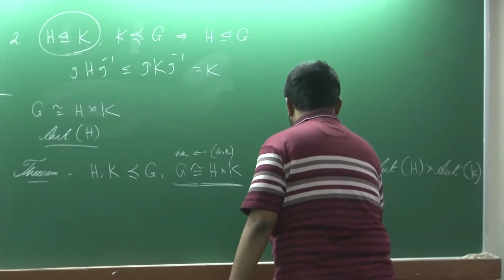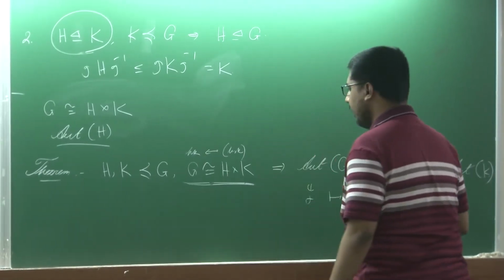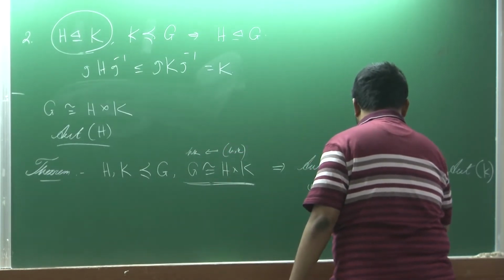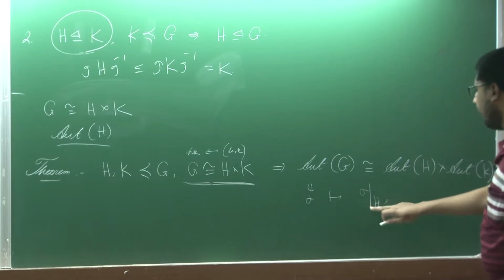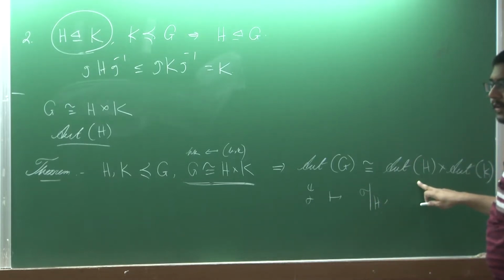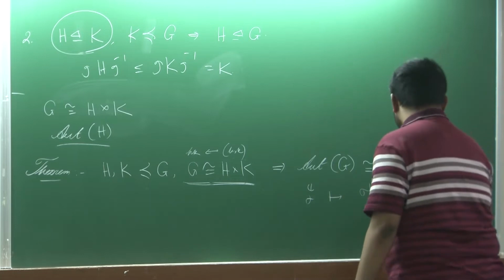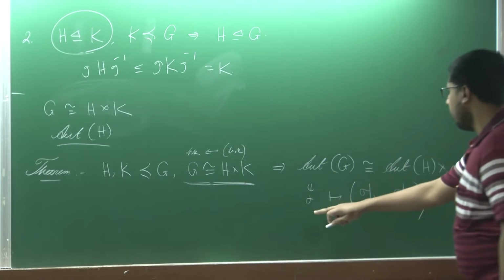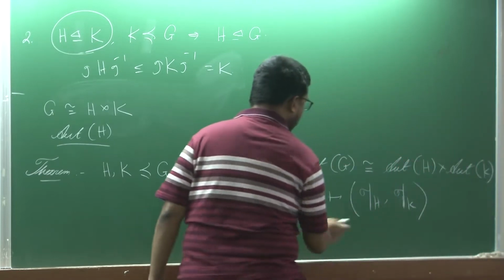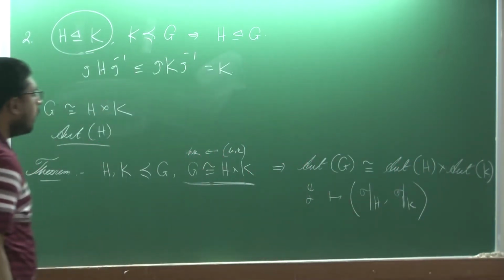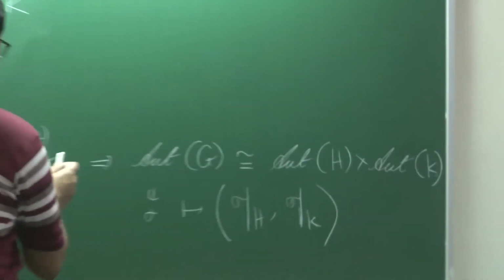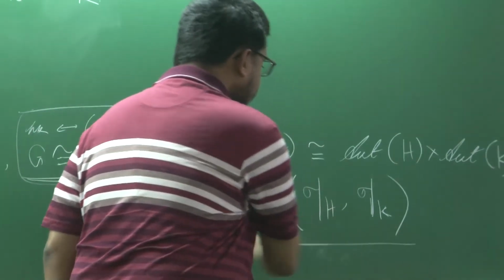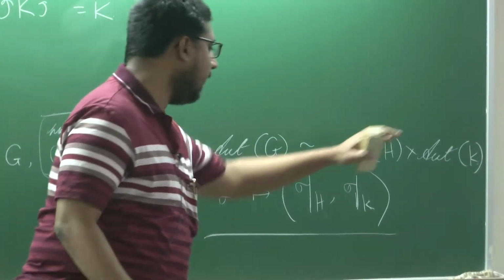In fact, the proof is very easy. If sigma belongs to Aut G, then since H and K are characteristic, sigma restricted to H is an automorphism of H, right? Similarly, sigma restricted to K is an automorphism of K. So therefore we do have this map here, and then it is easy to see that since this is the isomorphism we are having here, this map also establishes an isomorphism between this and that.